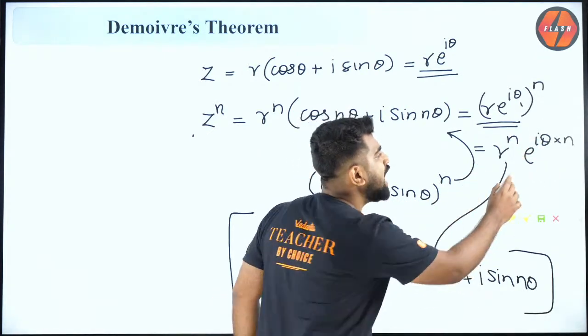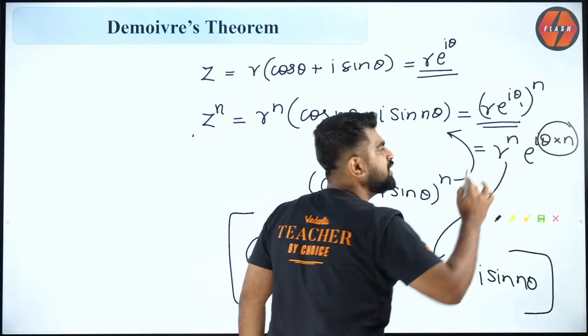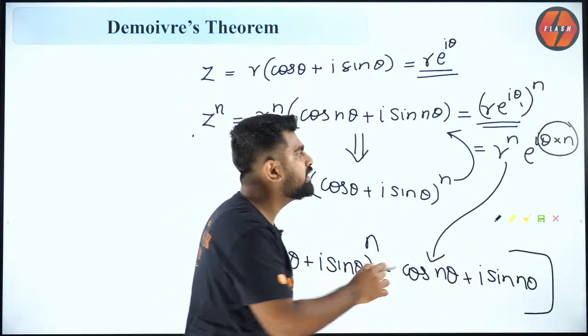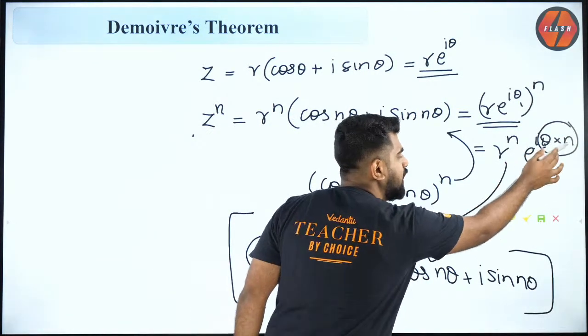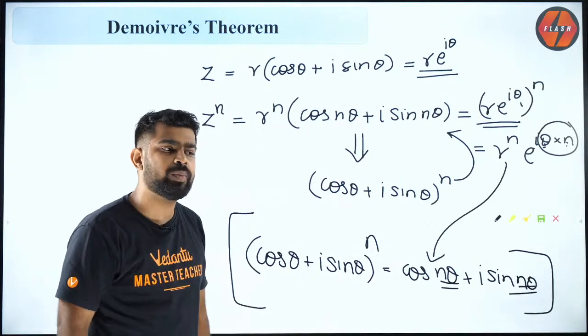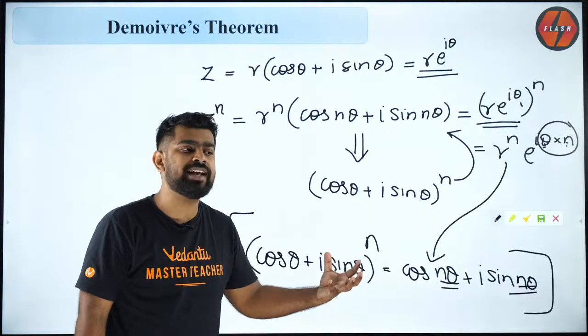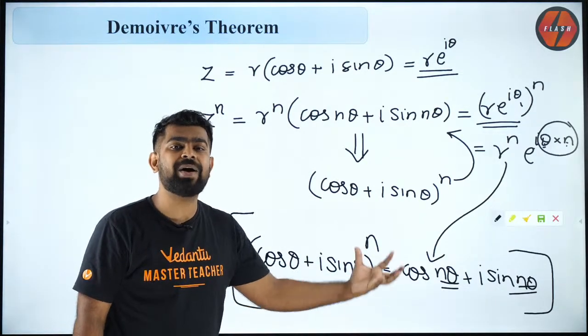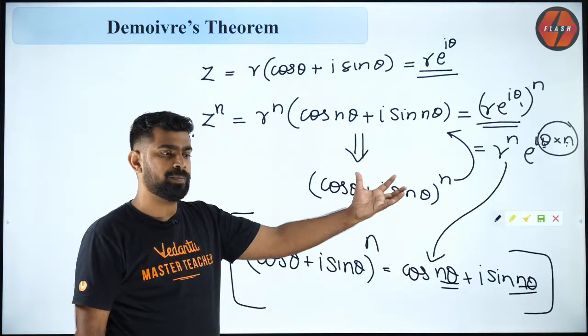So now the argument becomes n theta. Did you see that? The argument becomes n theta. That is why I wrote n theta here. Are you all clear with it? Very easy to correlate once you compare it with your Euler's form.